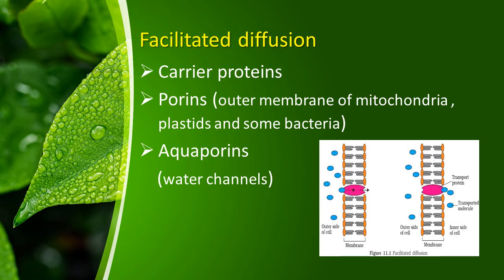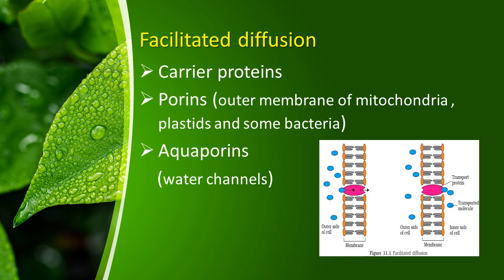The second one is facilitated diffusion. As the name itself says, facilitated, that means the molecules are diffused with the help of some proteins. If you look at the picture, it's a plasma membrane where the plasma membrane has extrinsic proteins and intrinsic proteins.